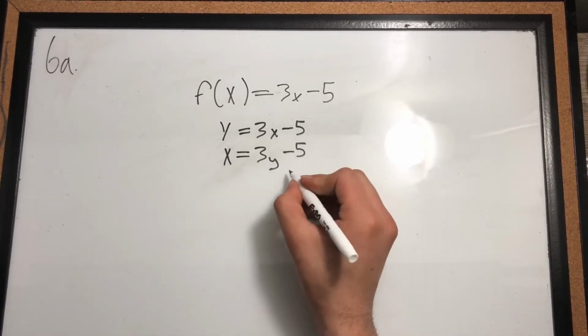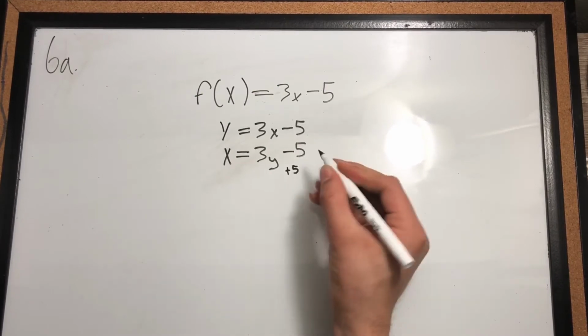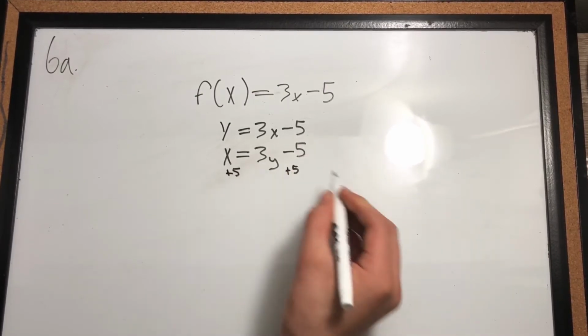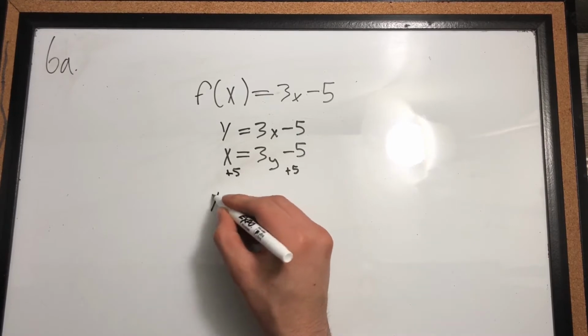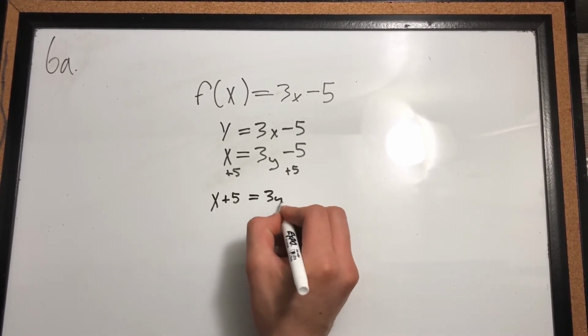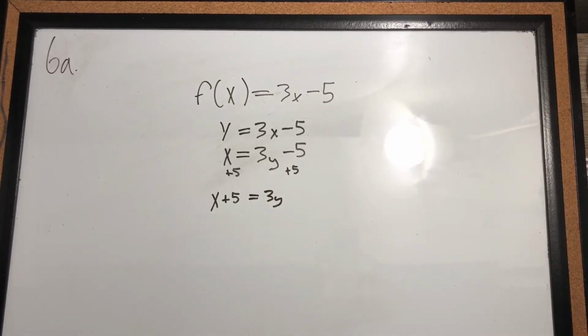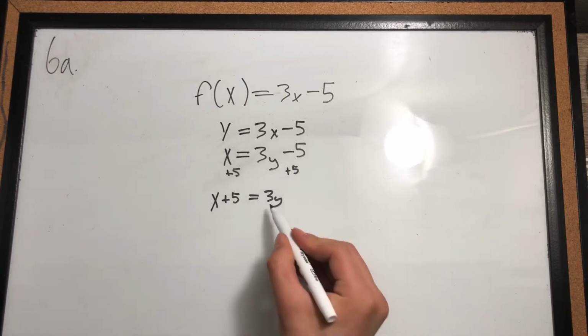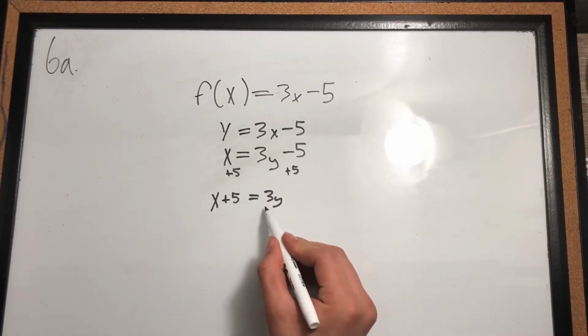So after you do this, you can add 5 to both sides. You're pretty much just solving. So you get x plus 5 equals 3y. Next, you're going to divide both sides by 3 to get rid of this 3.